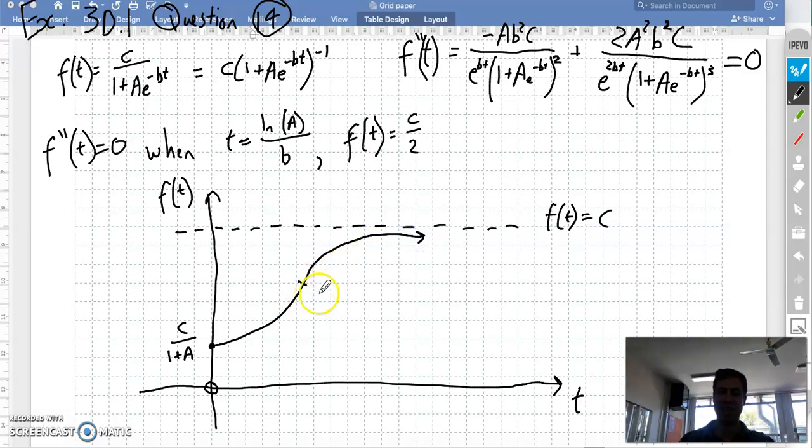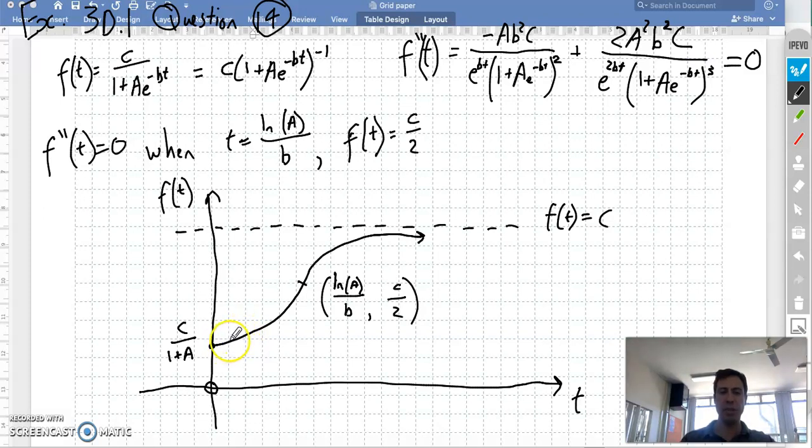And this point here is ln A over B, c on 2. Okay, so I think that question's pretty much complete now.